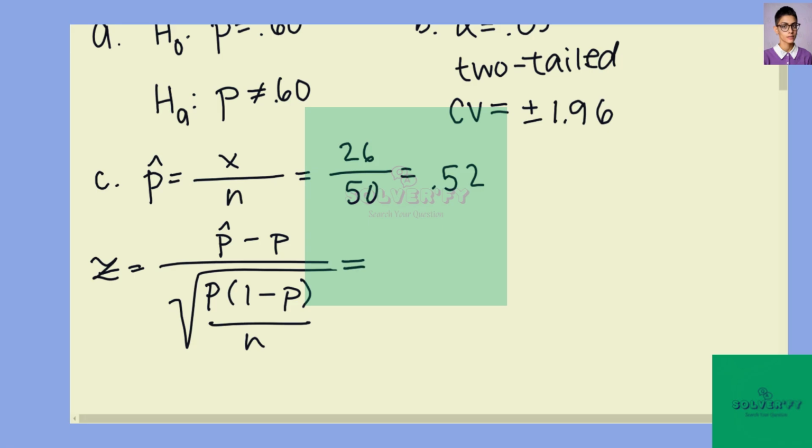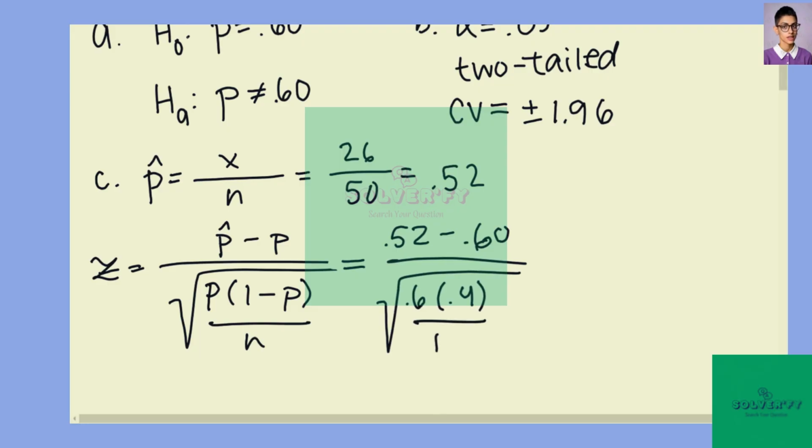And when we calculate that, we start by having 0.52 minus 0.60 over the square root of 0.6 times 0.4 over 50. And we find that that is equal to negative 1.15.